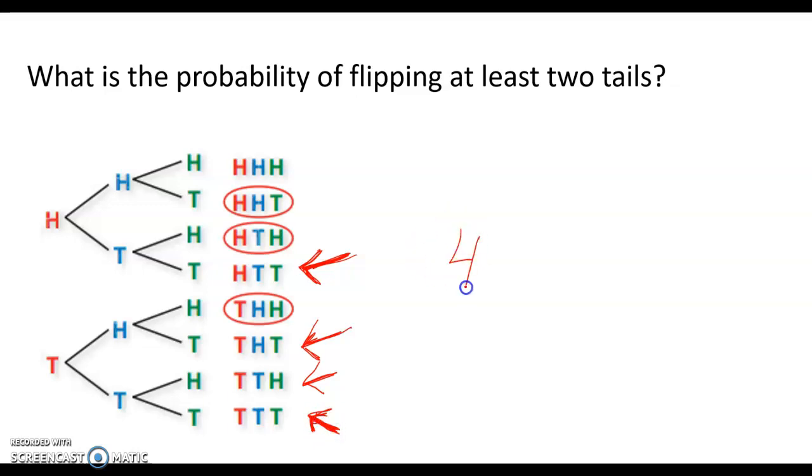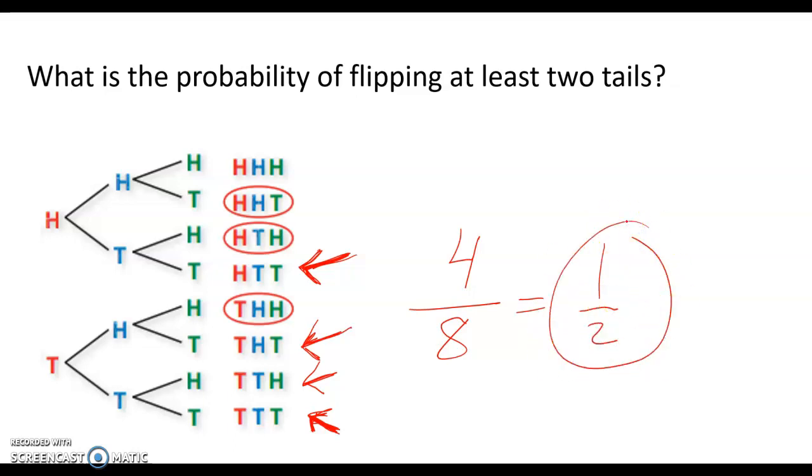So that would be 4 out of the 8 possibilities, which would simplify to 1/2. So whenever you're flipping a coin, if you're doing it multiple times, I would do a little sample space and try to figure out how many of each happen.